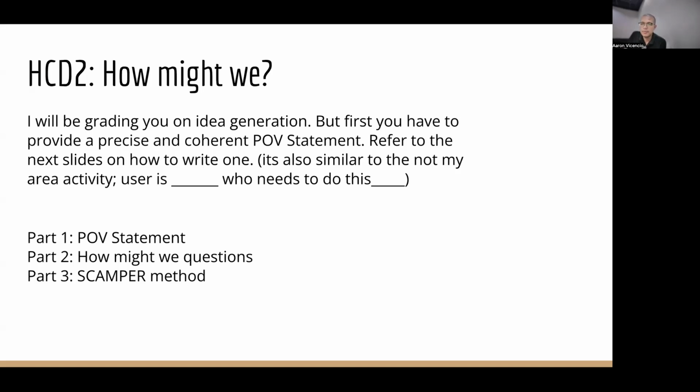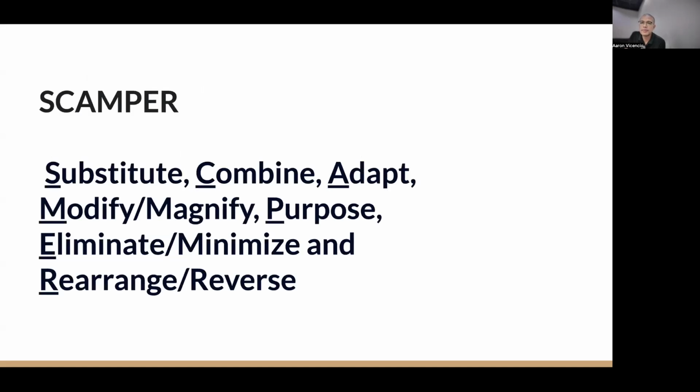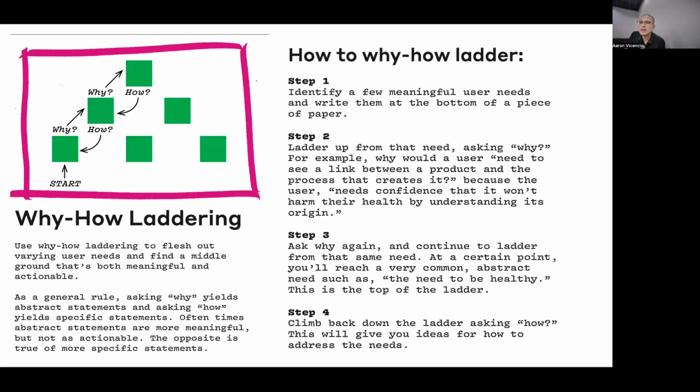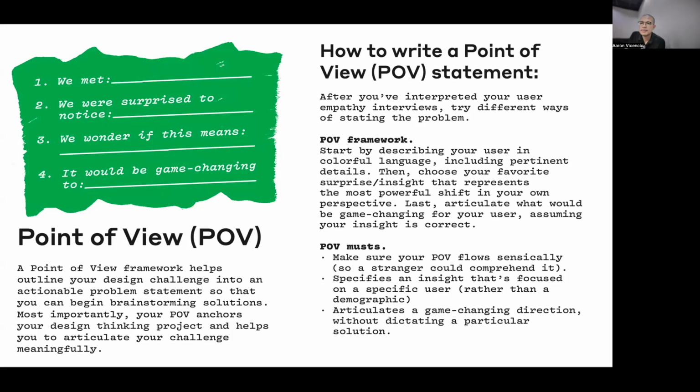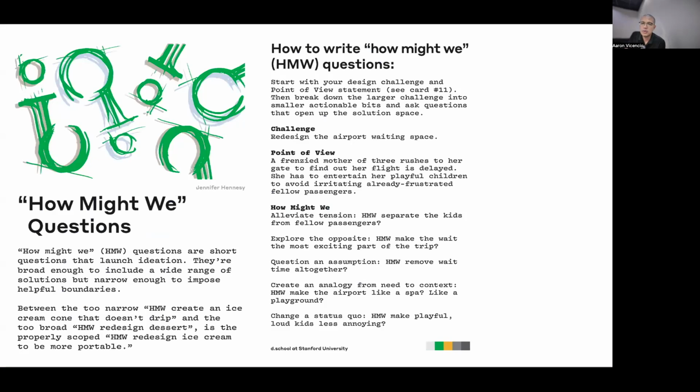That's HCD2: the crafting of a POV statement, the creation of how might we questions, and the application of the SCAMPER method on your proposed intervention. SCAMPER is substitute, combine, adapt, magnify or modify, put to other uses, eliminate, minimize, and rearrange or reverse. This is how you create a why-how ladder. These were made visible to you during our exercise on designing something for a group mate, and then the how might we questions.